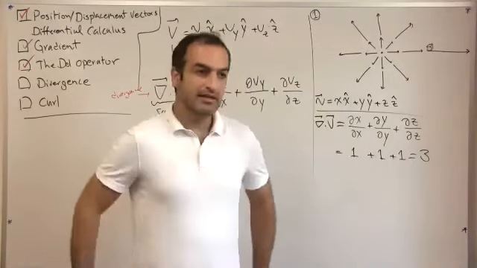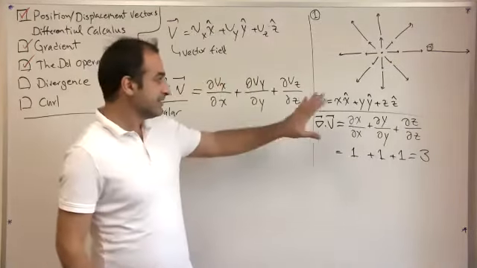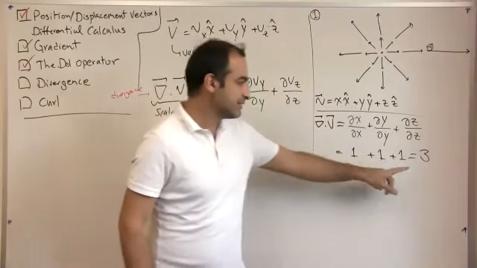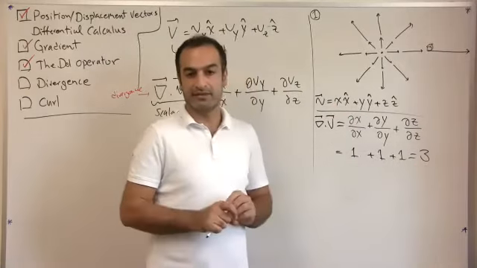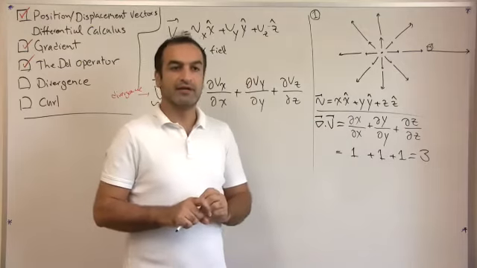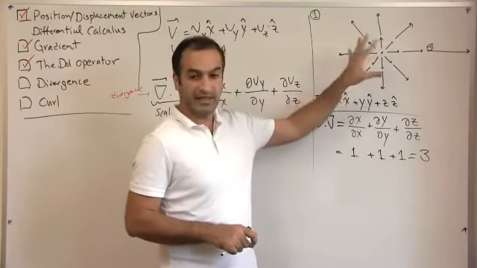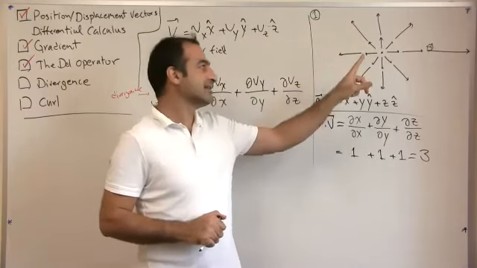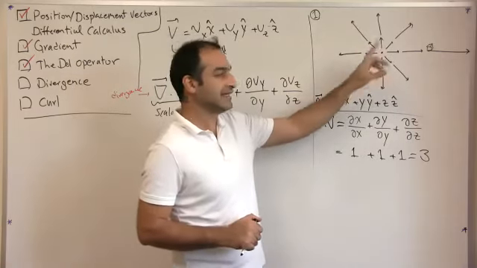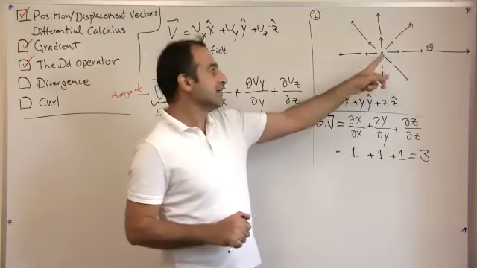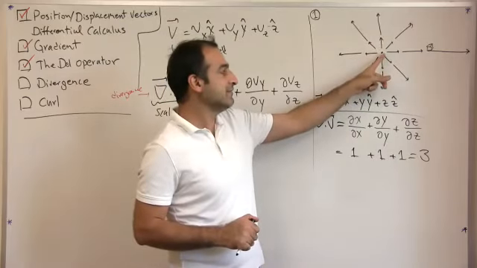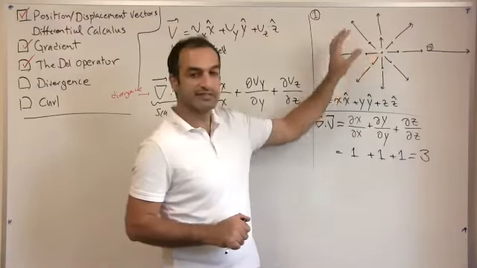There is nothing special about the center for this specific field, because the divergence is always a constant, and that is 3, okay? For a lot of cases, and we use this in electrostatics a lot, we have fields diverging in such a way that the divergence is infinitely big right at the center and 0 at the rest.